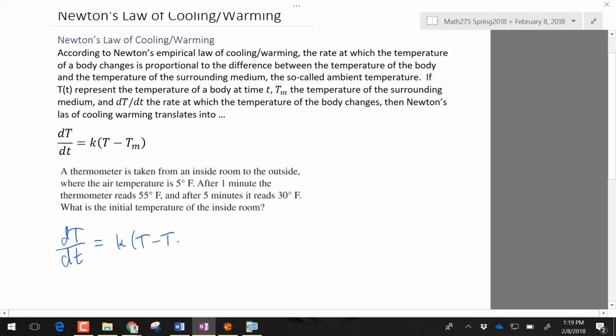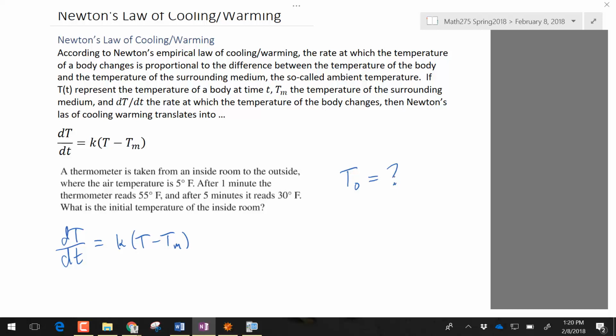dT/dt equals k times (T minus T sub m), and then we're essentially looking for T naught, which is normally something that would be given to us. And the temperature outside is 5.